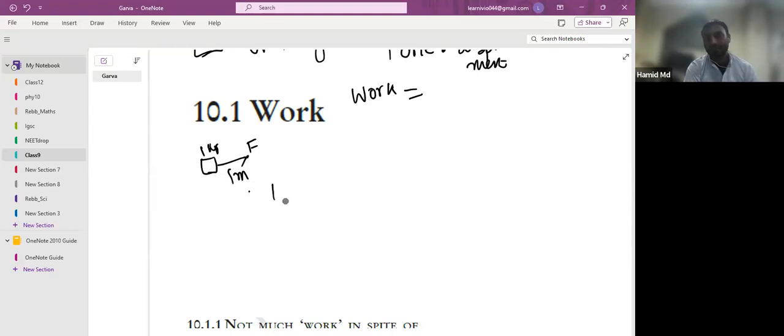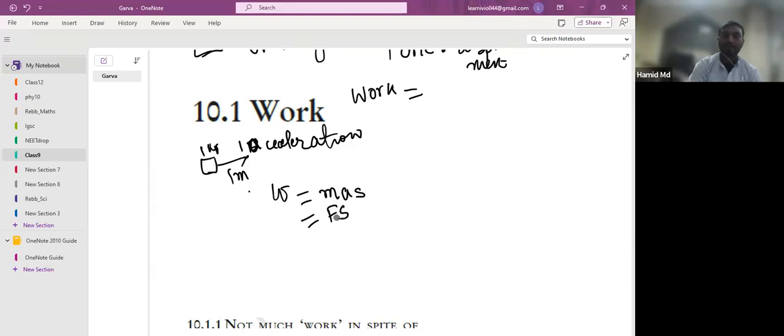Work done will be force into displacement. The force will be M times a, suppose we are giving unit acceleration to it. So this will be mass times acceleration into displacement, which is F into S. Clear?